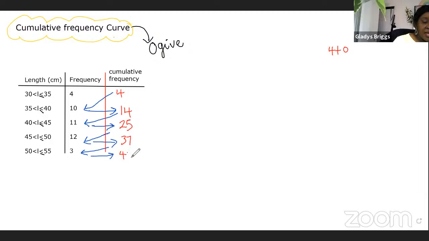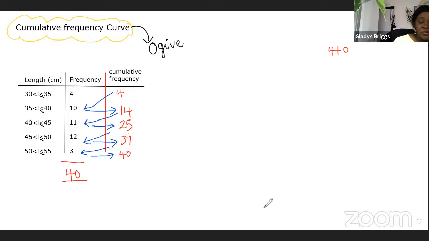And how you know that you've done it correctly is if you add up all the frequencies, then the total frequency makes 40. Then you have done it correctly, because this has to match up with whatever you get here. So now you've done the first part.